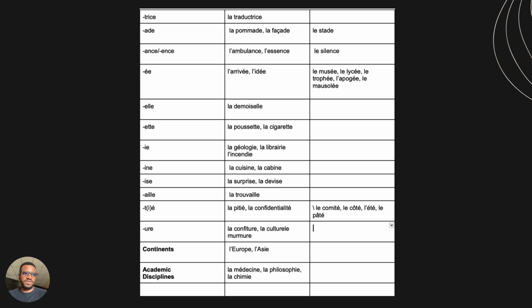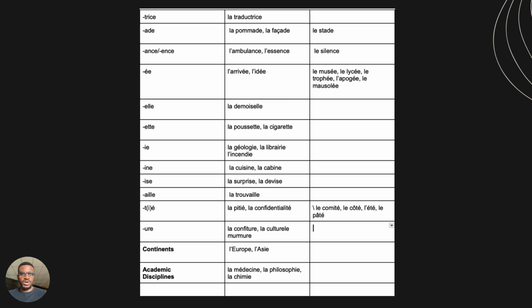And then you have E, double T, E: la poussette, la cigarette. Then you have IE: la géologie, la librairie, l'incendie. Then you have INE: la cuisine, la cabine. And then you have ISE: la surprise, la devise. Then you have AILLE: la trouvaille. Then you have T and then la pitié, la confidentialité. Now when you're looking at the exceptions, you have le comité, le côté, l'été, la pâte.